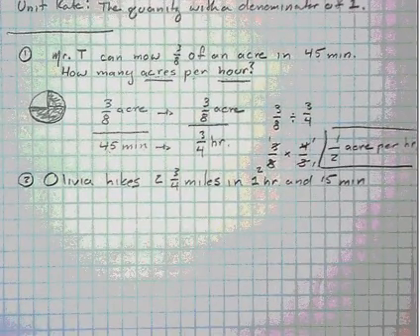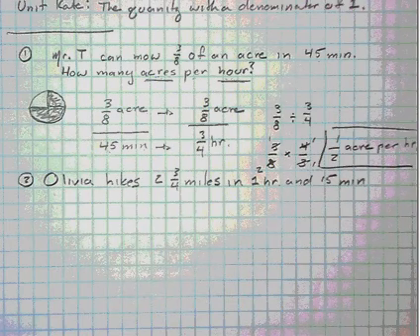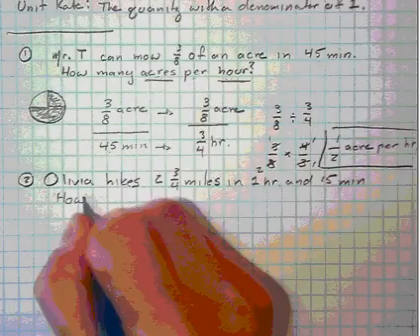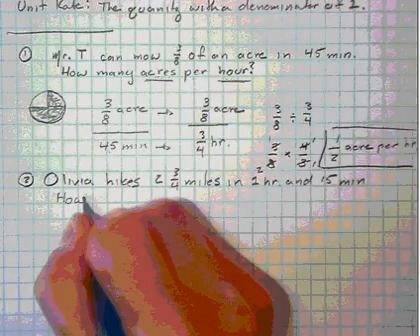So Olivia hikes 2 3/4 miles in 1 hour and 15 minutes. The question, how many miles per hour? So our ratio is miles per hour. So I'm going to do 2 3/4 miles over the hours, 1 hour and 15 minutes.